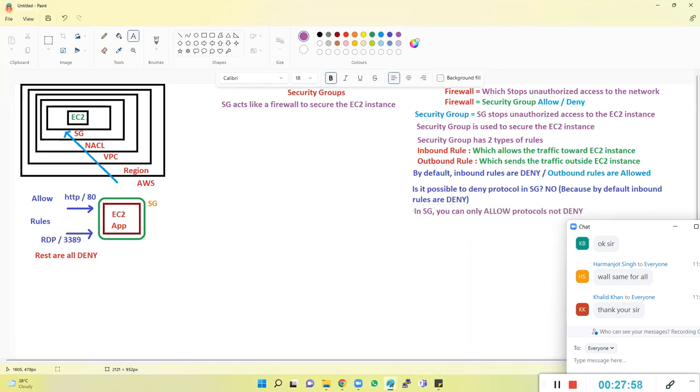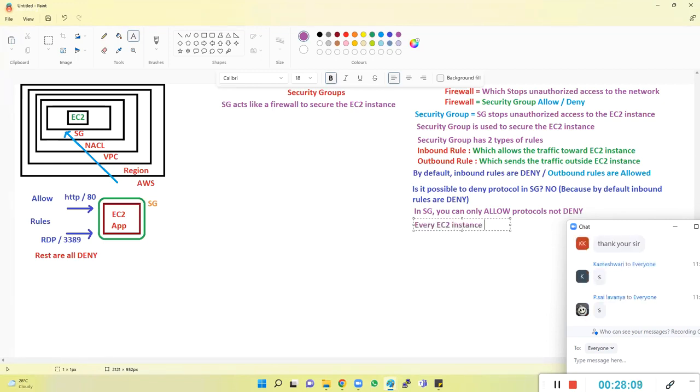Now guys, you cannot forget this. Remember, every EC2 instance should have at least one security group attached. Without a security group, an EC2 instance cannot exist. Is it possible to attach multiple security groups to a single EC2 instance?